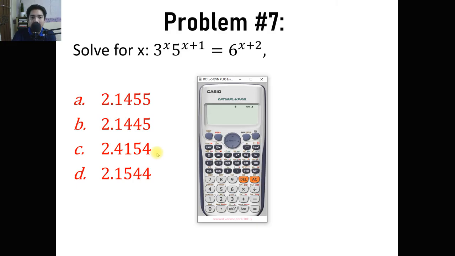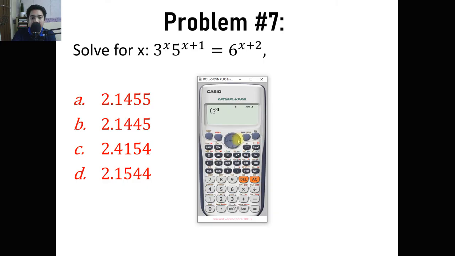For this problem, I advise you to use just the shift solve and not the colon one, because it involves very small discrepancies and has many decimal places. So if that's the case, we should use shift solve.